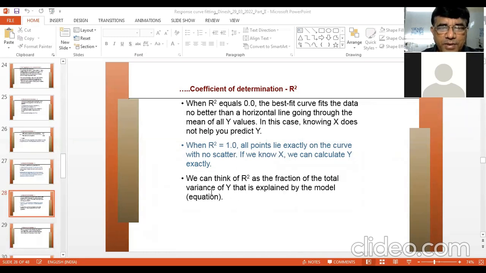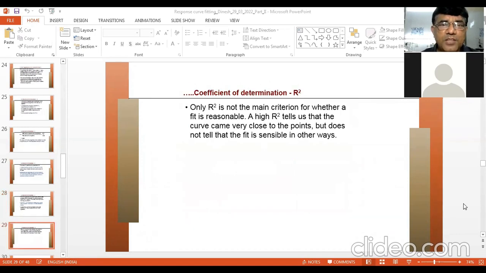We can think of R square as the fraction of the total variance of y that is explained by the model. So there are different ways to explain the coefficient of determination. Only R square is not the main criterion for whether a fit is reasonable.